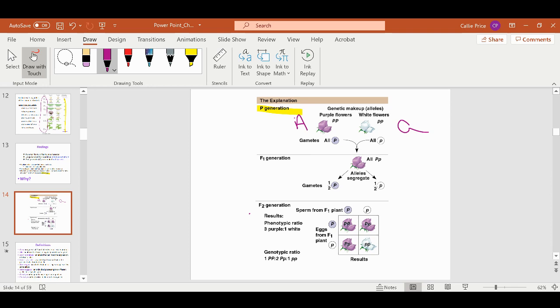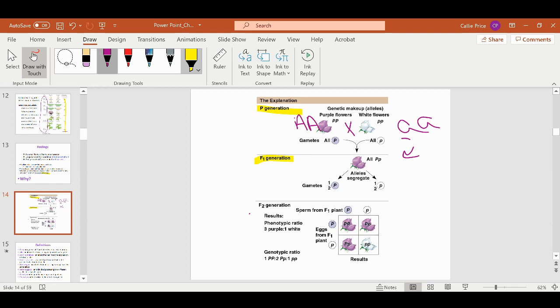So in this case, the P generation, the purple flowering plant that you see here would be big A, big A, and the white flowering plant that you see here would be little a, little a. So Mendel would take those, big A, big A, and cross it with little a, little a, to produce the F1 generation.